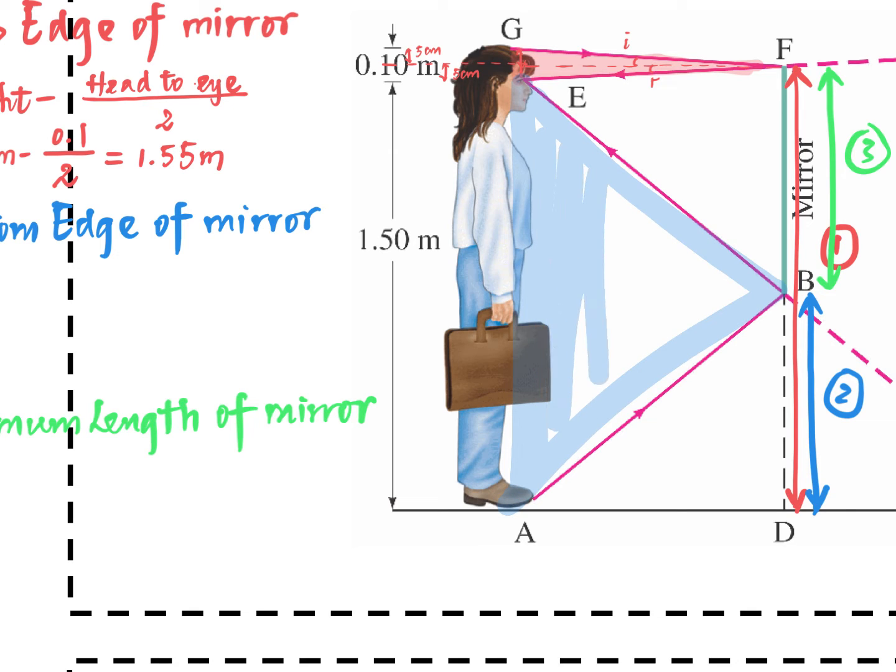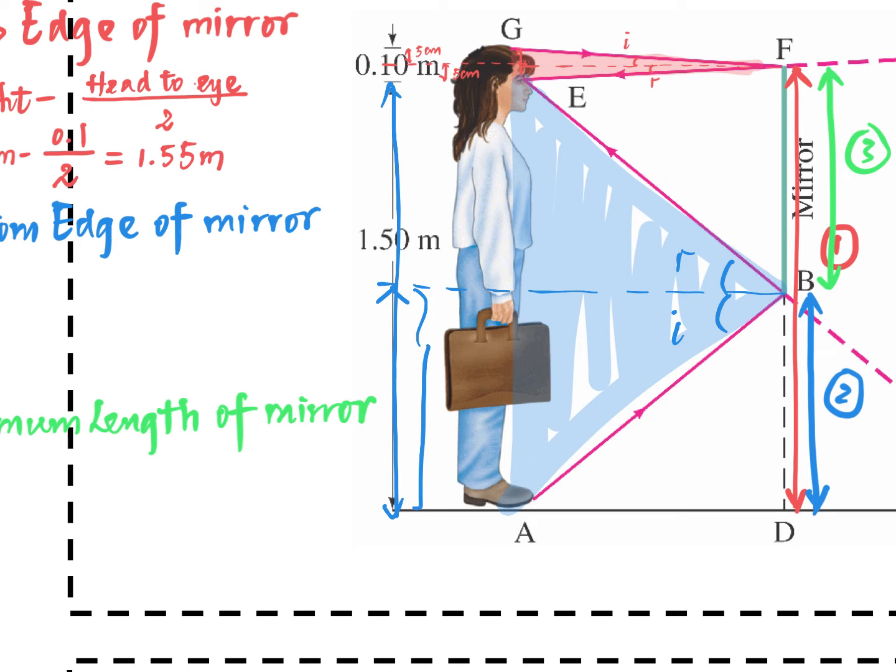Also, by applying the laws of reflection, angle of incidence equals angle of reflection, which means that if we would like to find the bottom edge of the mirror, the length should be the eye to feet distance divided by 2.